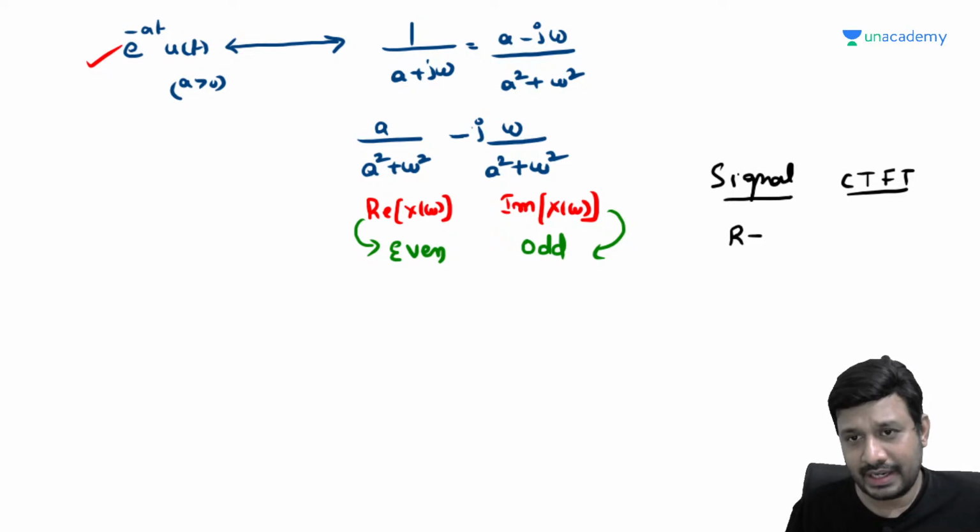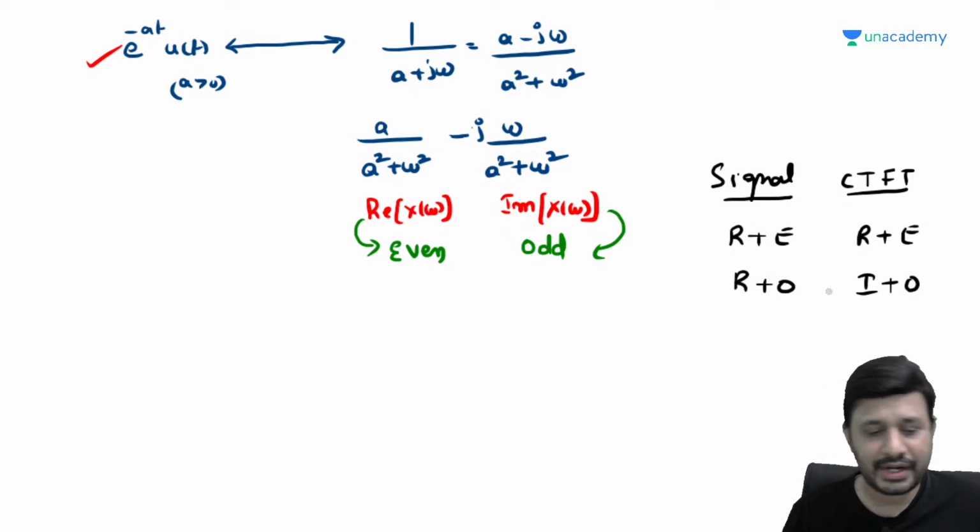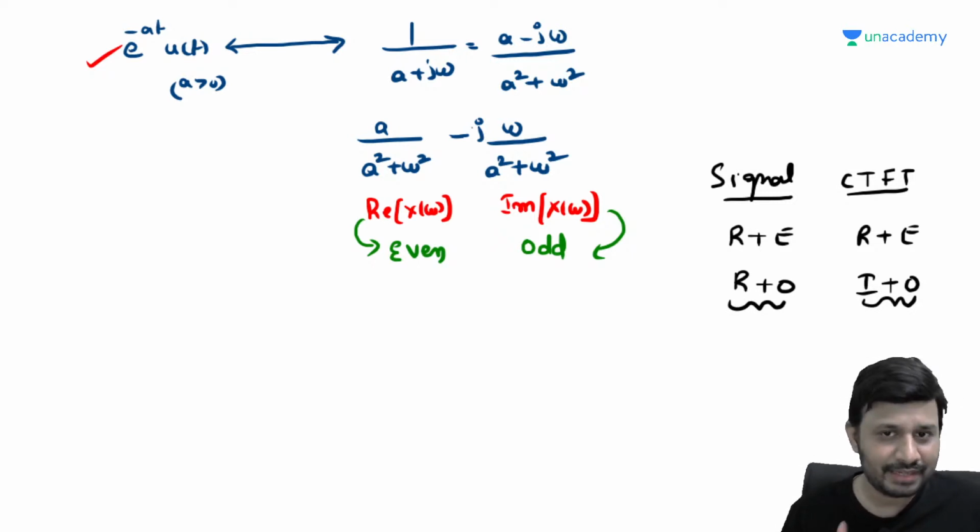If the signal is real and even, the Fourier transform is real and even. If the signal is real and odd, the Fourier transform is purely imaginary and odd. Now our Fourier transform is imaginary and odd, means in the time domain the signal must be real and odd.